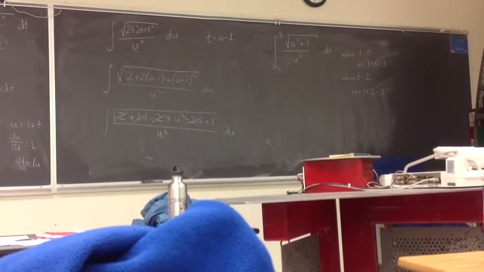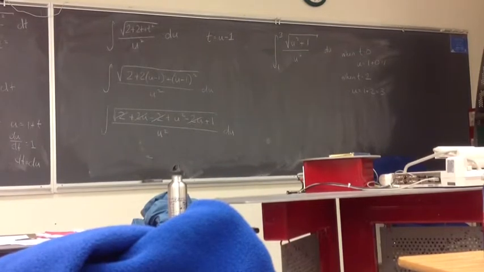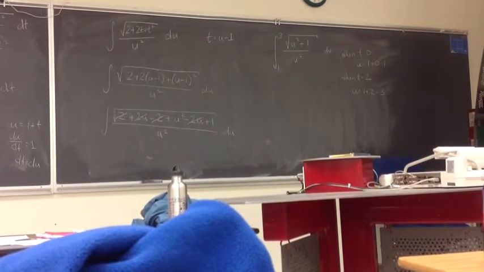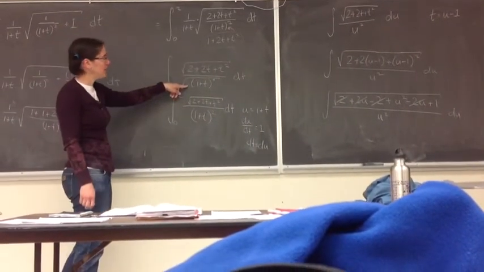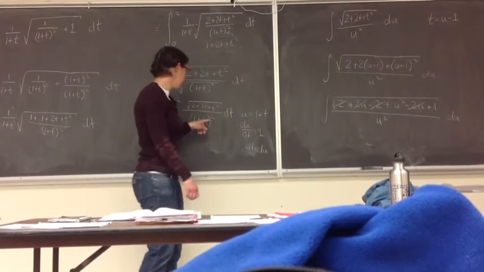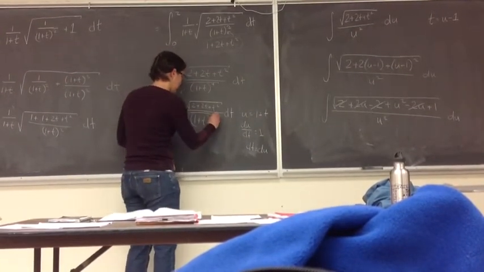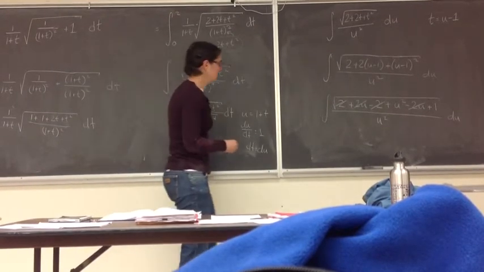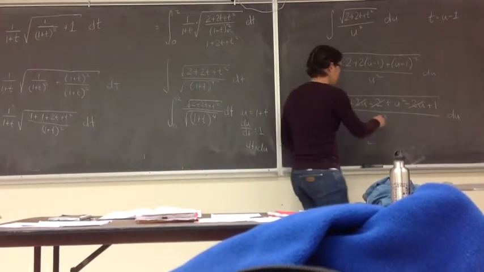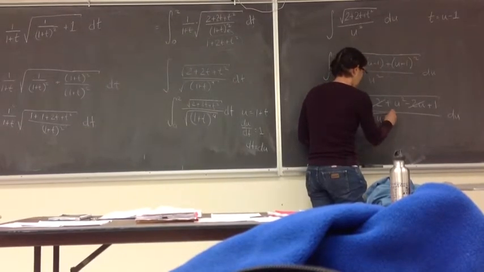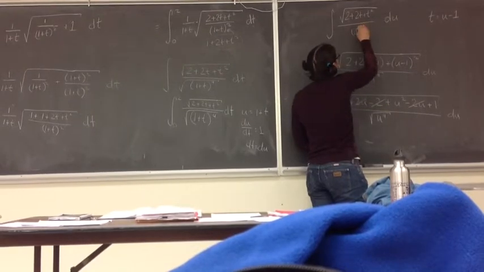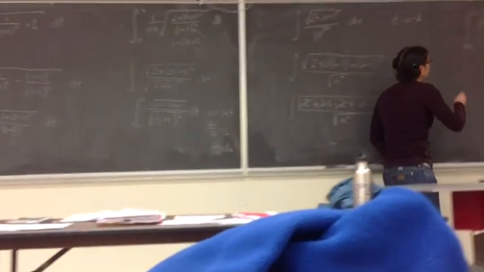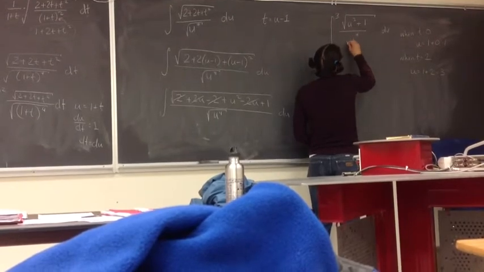Okay, so if we had not simplified this denominator, then this really would be the square root of u to the 4th, right? This denominator here, if I write that as square root of 1 plus t to the 4th. And then here, this would be square root of u to the 4th, and this one is square root of u to the 4th.